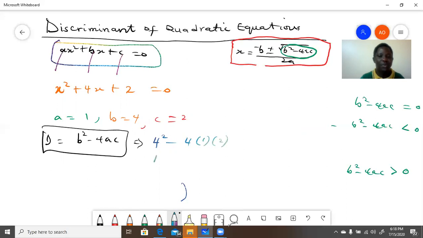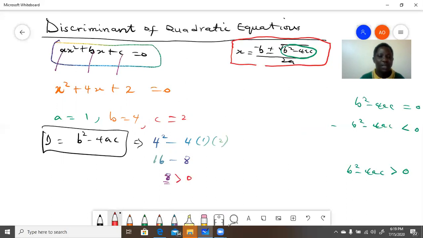So 4 squared is 16, minus 4 times 1 is 4, 4 times 2 is 8. That is 16 minus 8, which gives us 8. You can see that this is positive 8, and positive 8 is greater than 0.